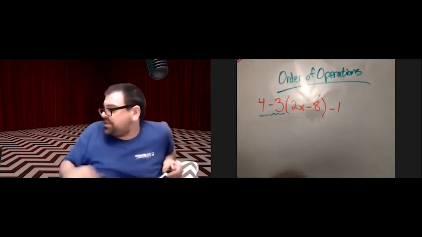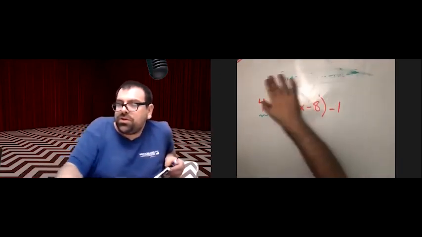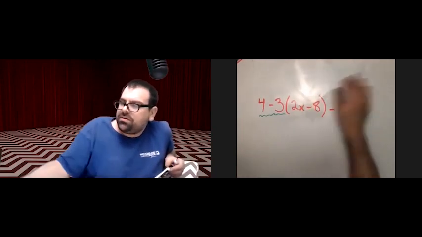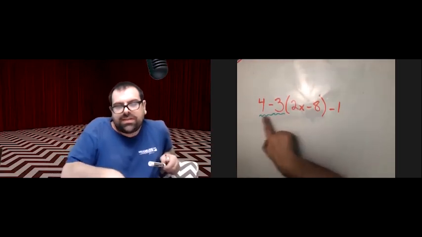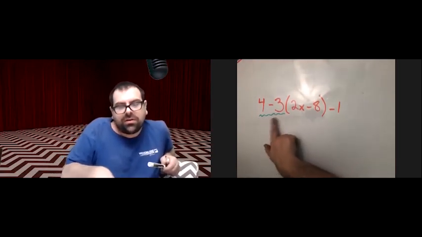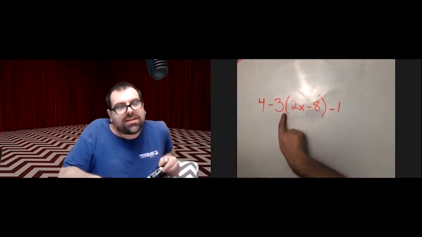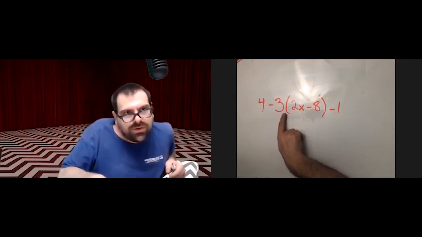Order of operations says we would do multiplication before subtraction. This is subtraction, but we have something right next to a parenthesis. That means multiplication, and multiplication comes first.